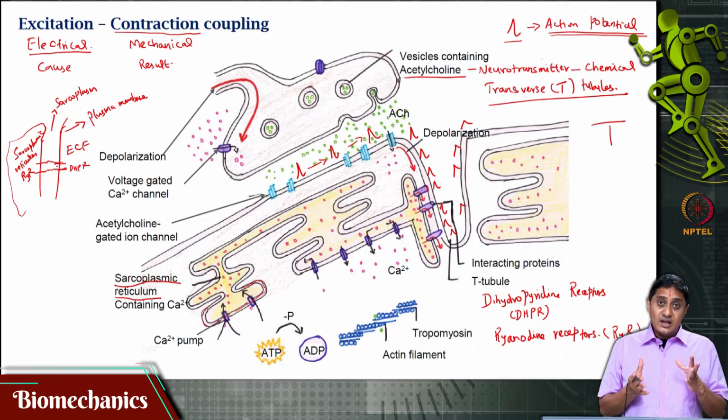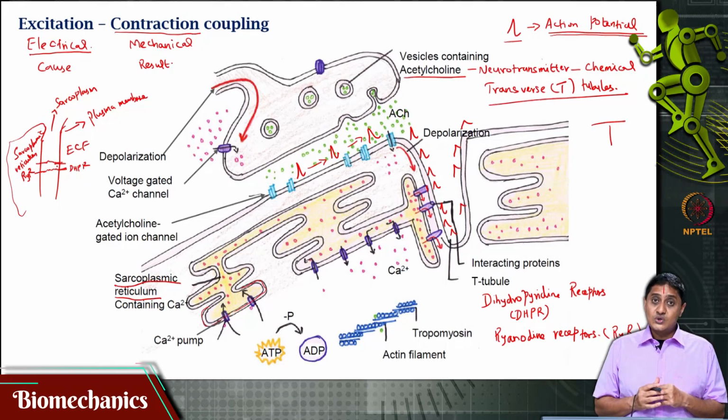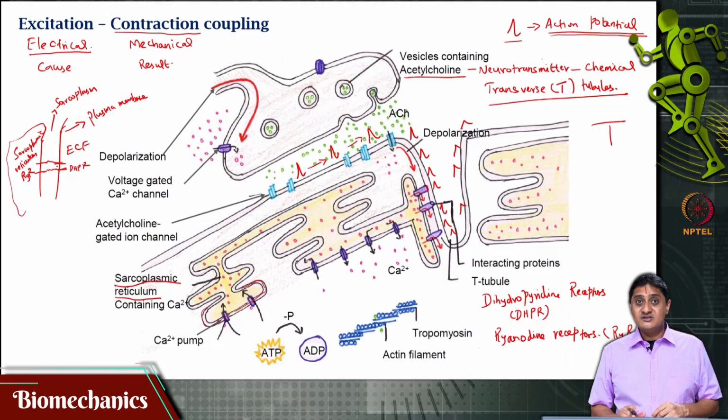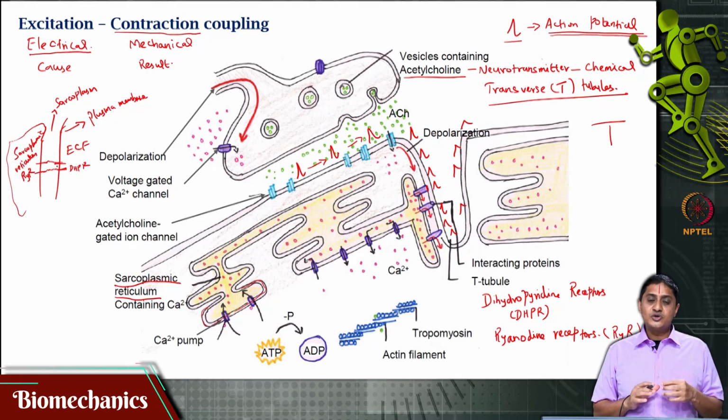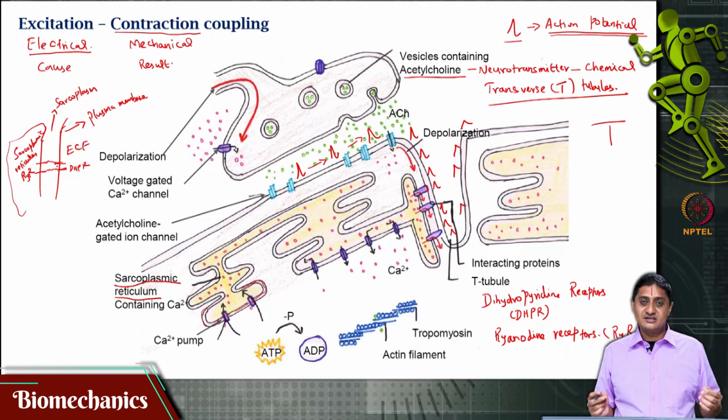Because a lot of calcium is stored inside the sarcoplasmic reticulum, and the rest of the cytoplasm is maintained practically free of any calcium, there will be a huge concentration gradient between the sarcoplasm and the sarcoplasmic reticulum.